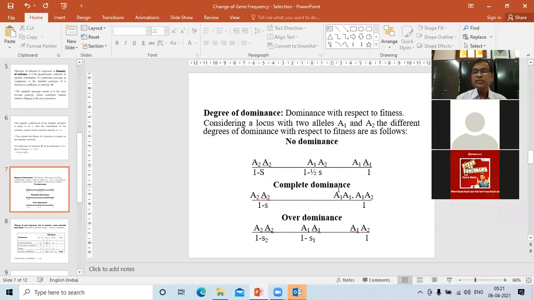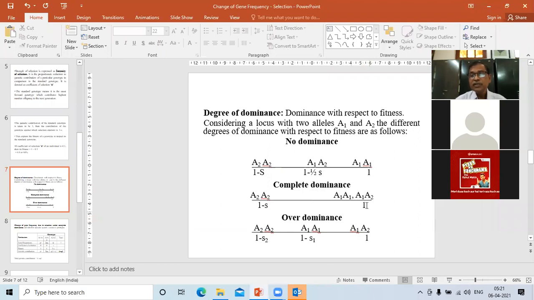So complete dominance means here you see the kind of arrow. I have placed the arrow at the genotypes A1 A1, A1 A2. So नीचे ठीक नीचे देखो, 1 means it is the most favored genotype. That means its gametic contribution is 100%.